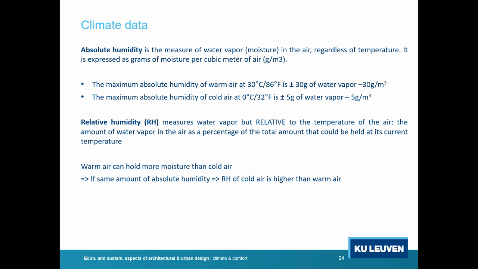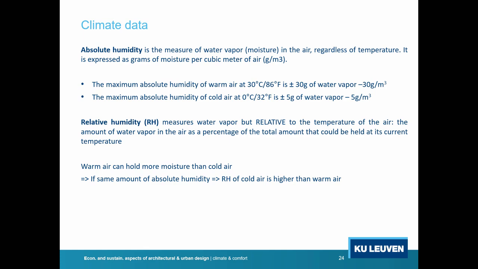So if the absolute amount does not change, so if it remains stable, but the maximum that you can hold raises, and that happens when the temperature goes up. If the temperature goes up, your maximum amount can be higher. So if your temperature raises, your maximum amount can go up, and it means your relative humidity goes down.